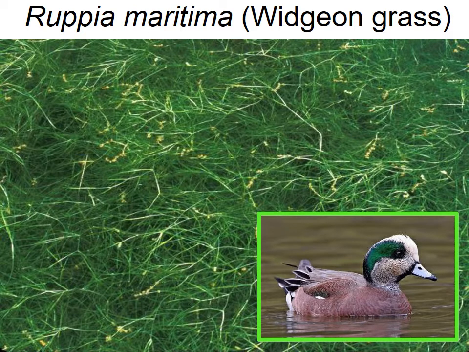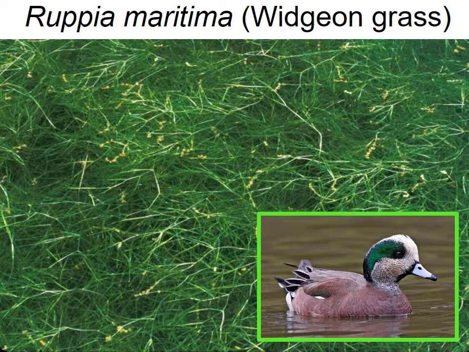Alright, so here's another type of seagrass that's named after an animal that eats it. This one's named after a type of duck called the widgeon, so it's widgeon grass. Ruppia maritima is the scientific name for it. So widgeon grass is somewhat similar in morphology to Halodule in that it has thin, flat blades, but its blades are even narrower than those of Halodule.